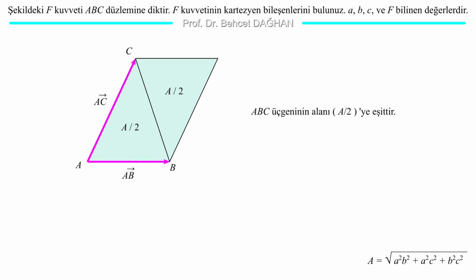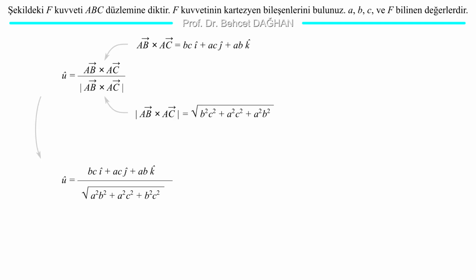Now we see that the area of triangle ABC is equal to half the area of this parallelogram. That is, it is equal to half of the value of A we obtained. The area of triangle ABC is equal to A divided by 2. We can see this from the figure. If we substitute these values, we now obtain the vector u.